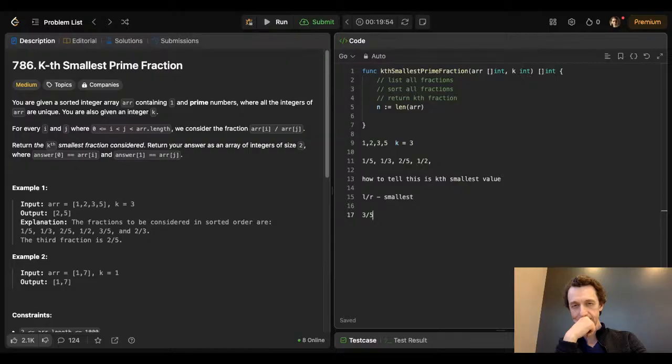Like 5 by 7 is pretty big, it's almost 1. So the smallest is this, that's the min, and the max is trying to become 1. So you cannot get more than 1.